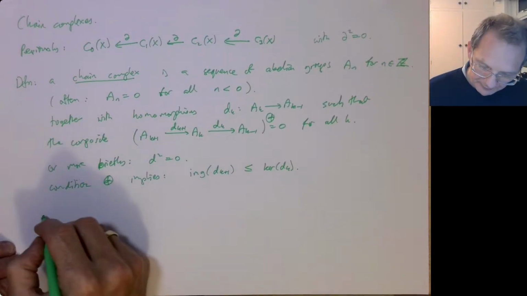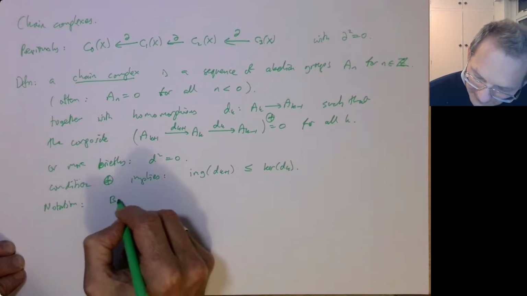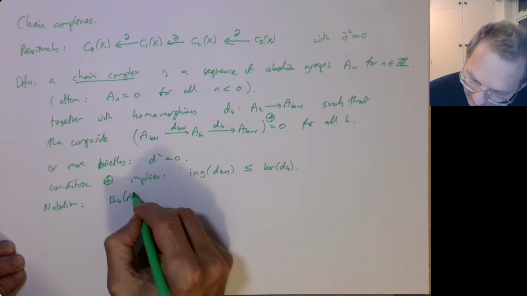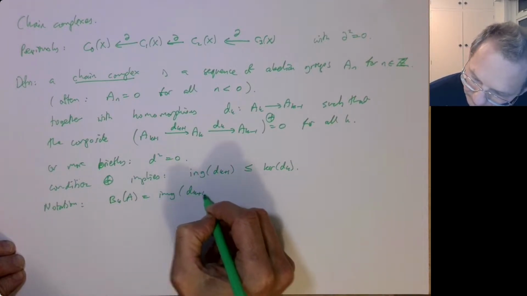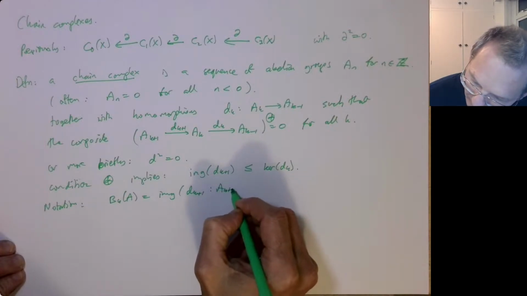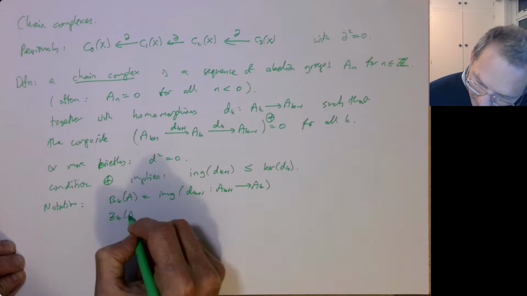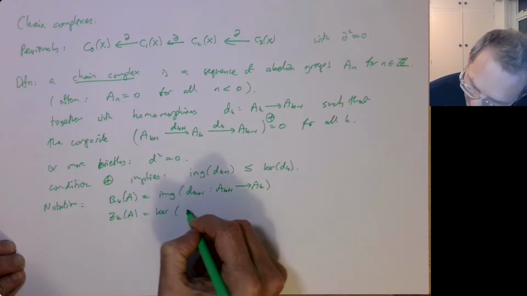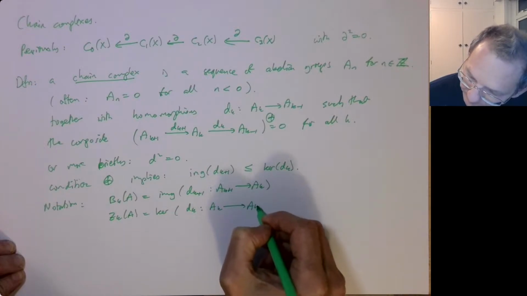So we'll use the following notation. B_k(A) is the image of d_{k+1}, and Z_k(A) is the kernel of d_k from A_k to A_{k-1}.